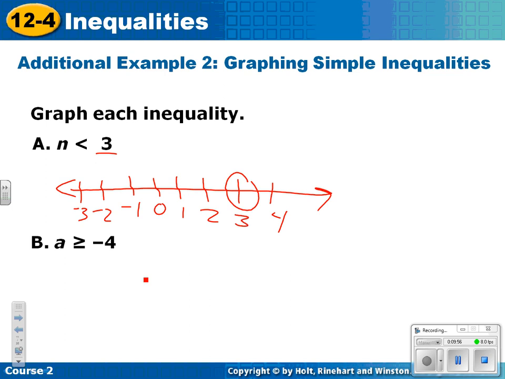And we look at it this way. We go n is less than 3. So I highlight everything that's less than 3. So basically I just do this, including the arrow.